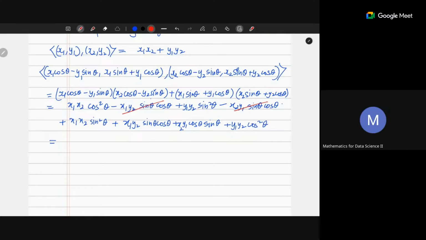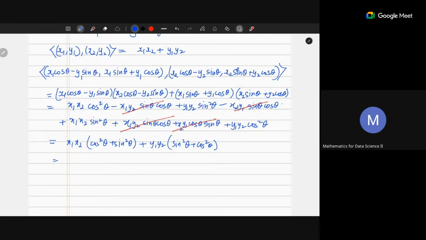Now the x1 y2 term cancels out with the earlier one, and the y1 x2 term cancels out with the earlier one. What remains is x1 x2 (cos square theta plus sin square theta) plus y1 y2 (cos square theta plus sin square theta).